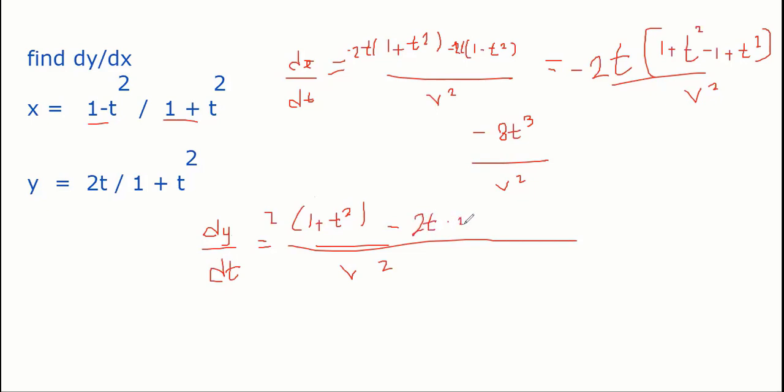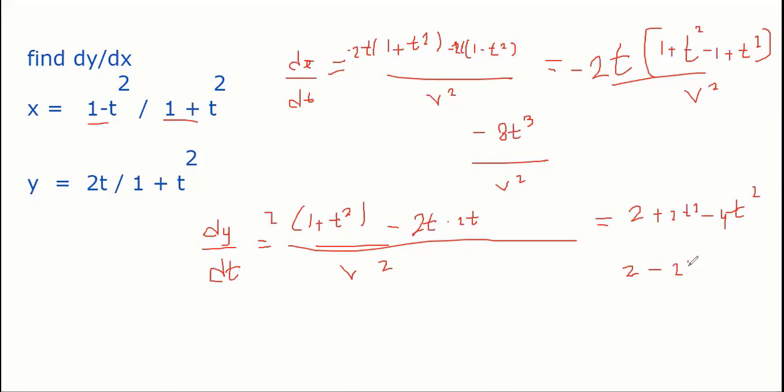So if you simplify, what will come? 2 plus 2t square minus 4t square by v square. So this becomes 2 minus 2t square, correct?